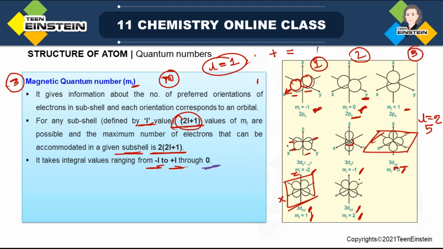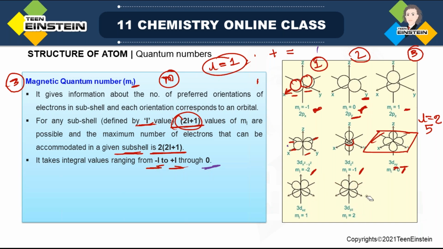Here the lobes are in between the axes, which is not the same as 3d x square minus y square, where the lobes are directly on the axes. So for 3dxz, the lobes are between the z and x axes, and it is in the xz plane. That is important. And for yz, this is the z-axis and this is the y-axis, so it is in the zy plane like this.